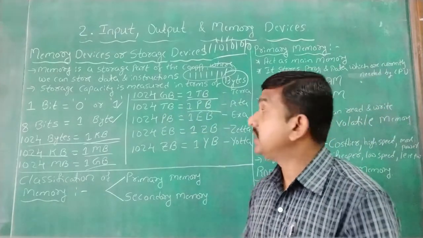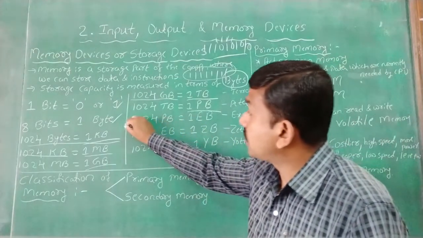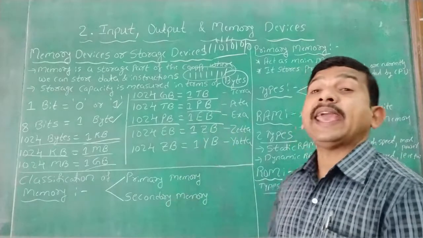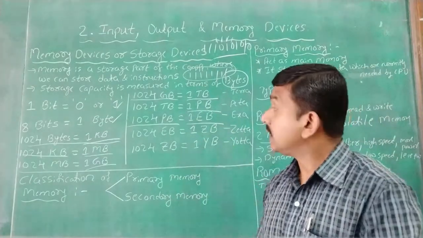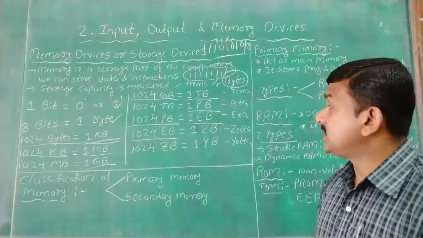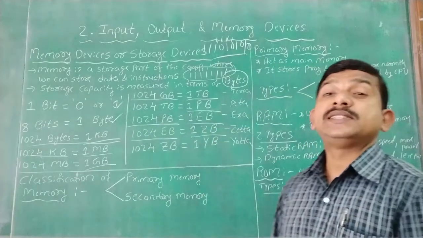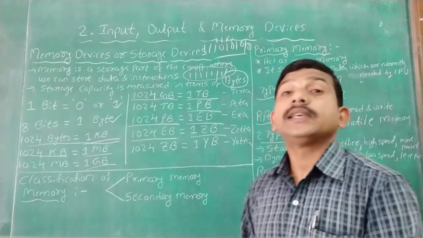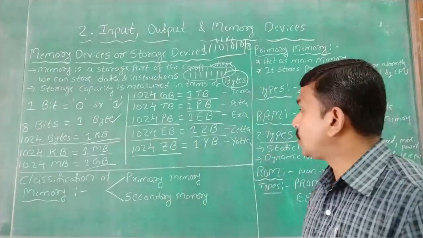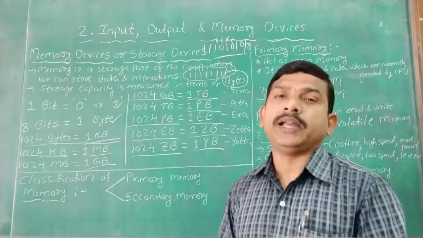Similarly, 1024 petabytes is equal to 1 exabyte. Similarly, 1024 exabytes is equivalent to 1 zettabyte. Similarly, 1024 zettabytes is equal to 1 yottabyte.